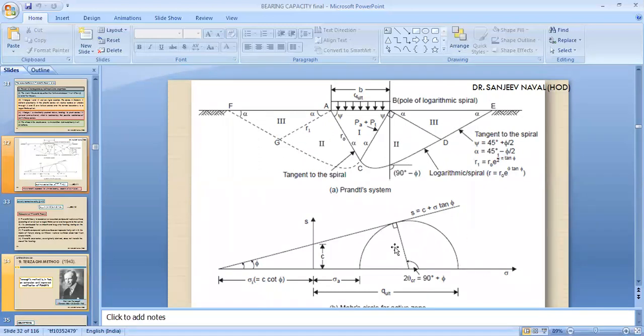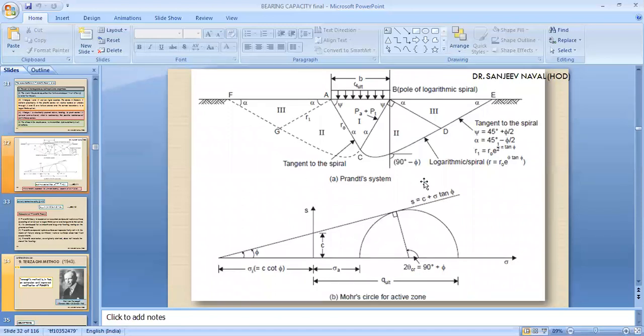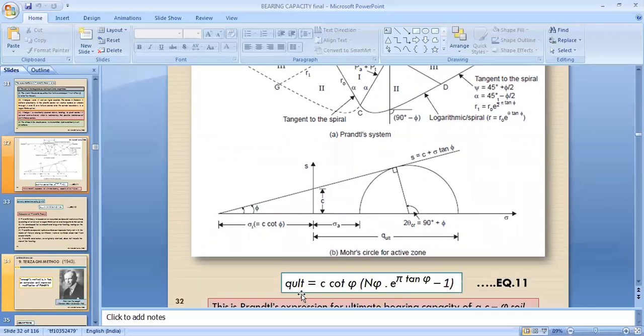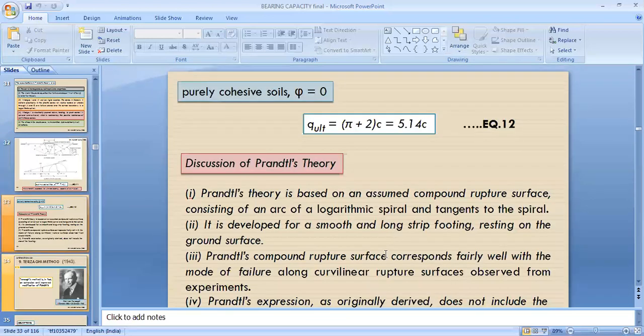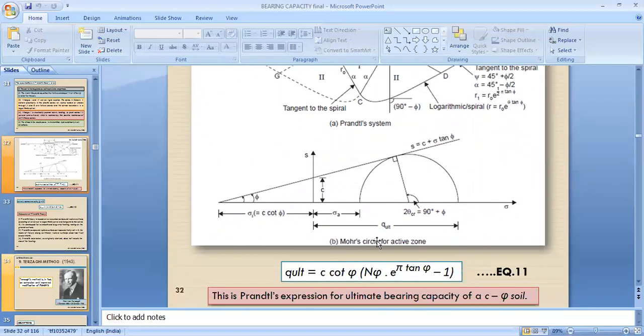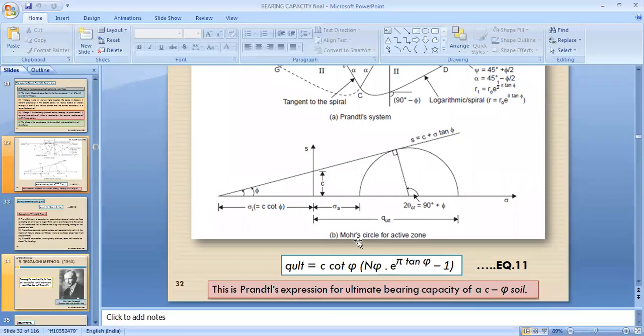And when we draw the Mohr circle for the different types of forces acting on the soil wedge, we come up with the equation like ultimate bearing capacity q ultimate is equal to c cot phi into (N phi times e raised to power pi tan phi minus 1). This is Prandtl's equation, this one is for c-phi soils.